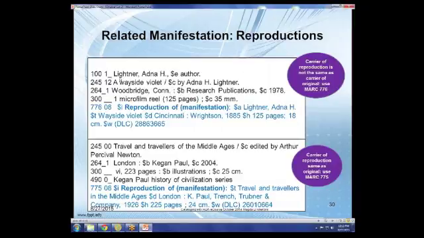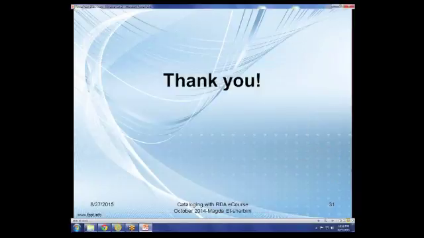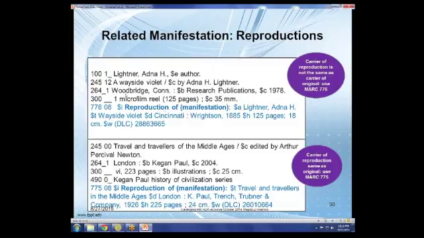So in the black text here, we have the basic listing for the item. Note field 300. Field 300 here is informing you that the actual item that this record is describing is a microform reel. And this microform is a reproduction of a book in print.